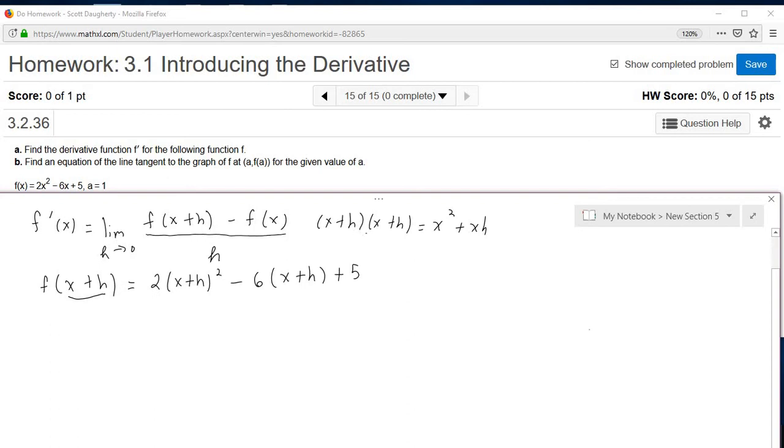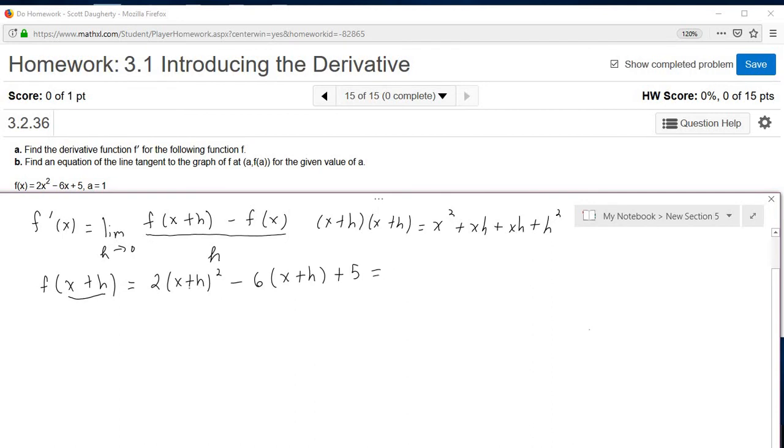The order in which you multiply doesn't matter, so I'm going to rewrite it as x times h. And then the last would be h times h, which is h squared.